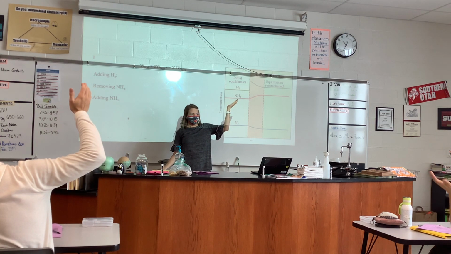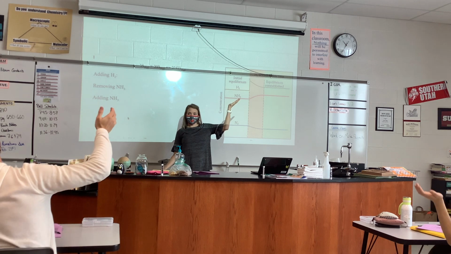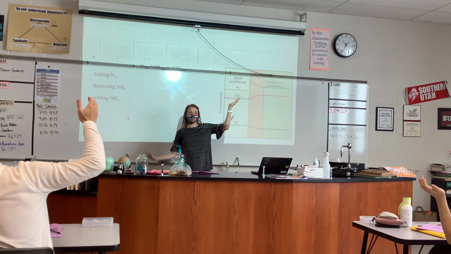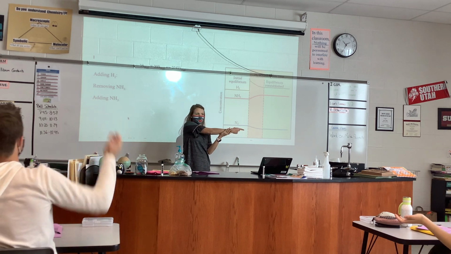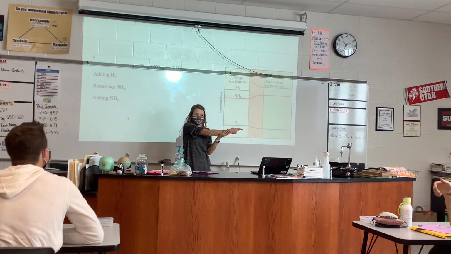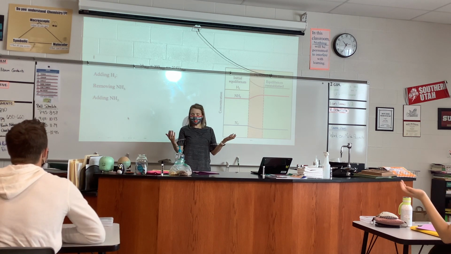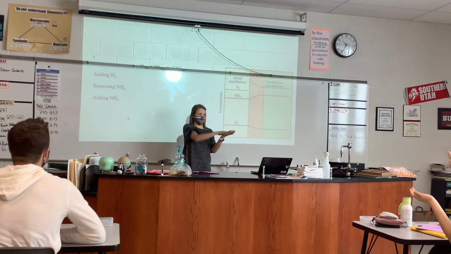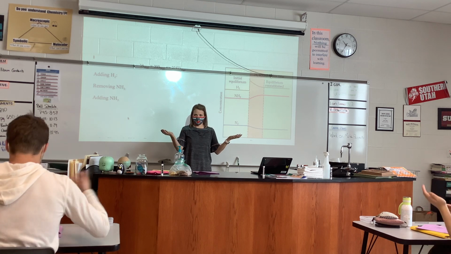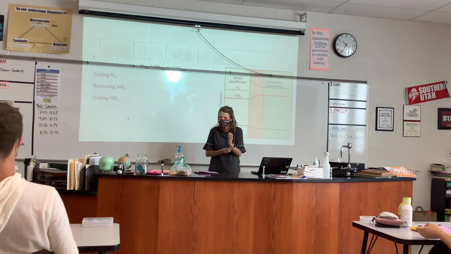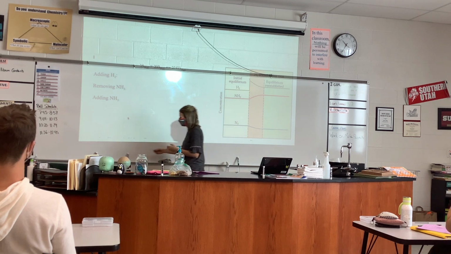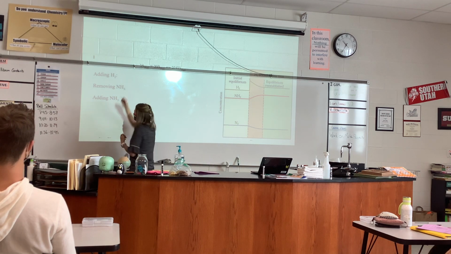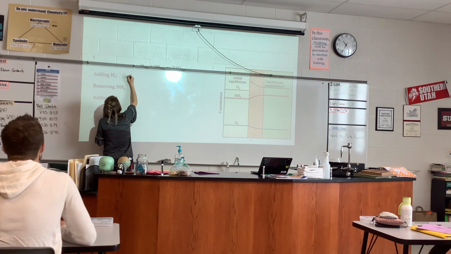To get back to equilibrium, it needs to make more products, so I'm taking stuff from this hand and putting it over here. Do we draw the arrow right here? So our answer is that we need to shift to the products.